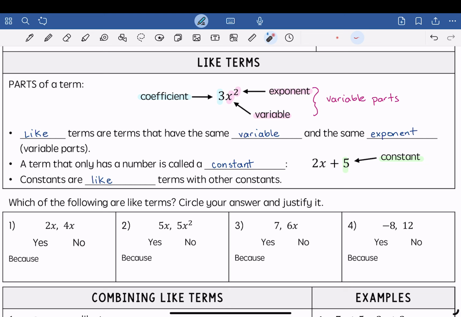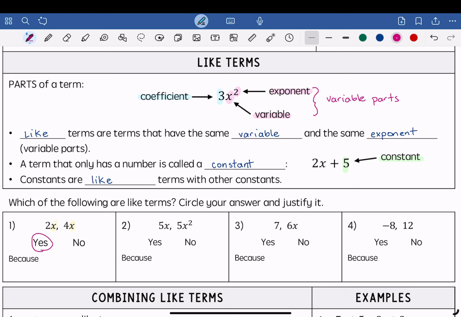So which of the following are like terms? Circle your answer and justify it. So for question 1 here, we have 2x or x, which is the same, and they both have the exponent of 1. Hence, they are both like terms.